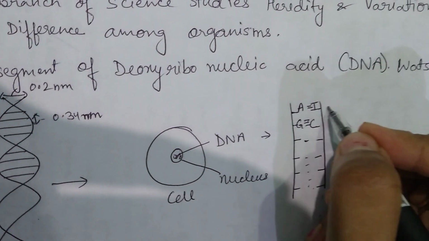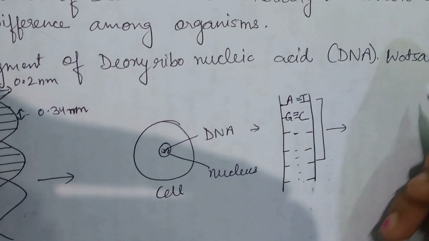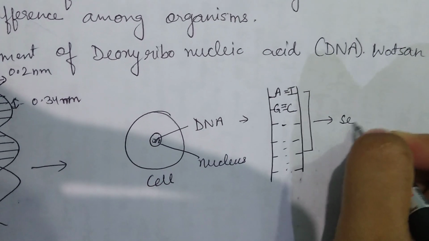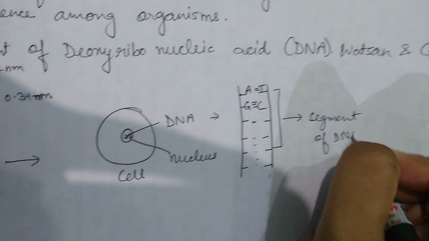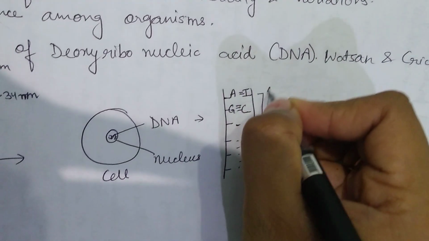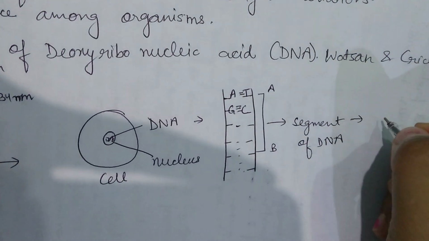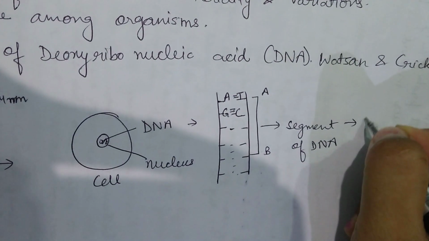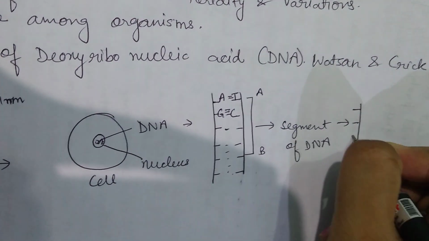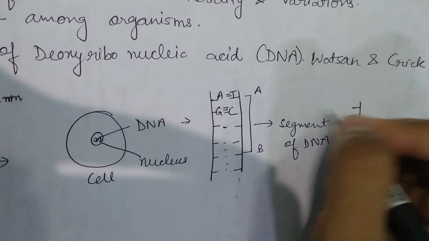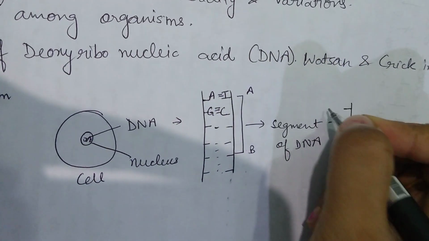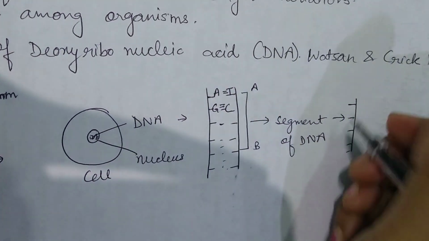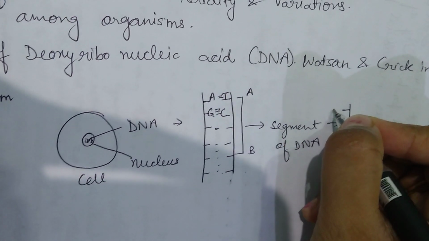Therefore, any segment of the DNA which is responsible for, like A to B, this portion is responsible for the making of RNA first. RNA is a copy from a single strand of the DNA, having the reverse base pairs than the DNA.